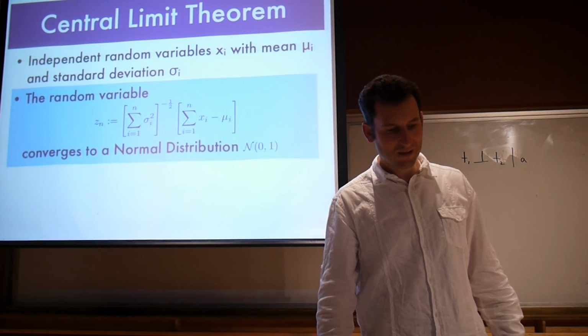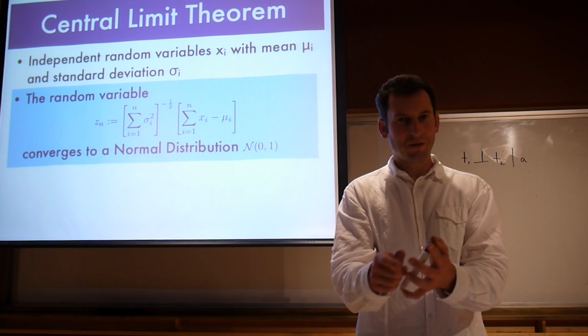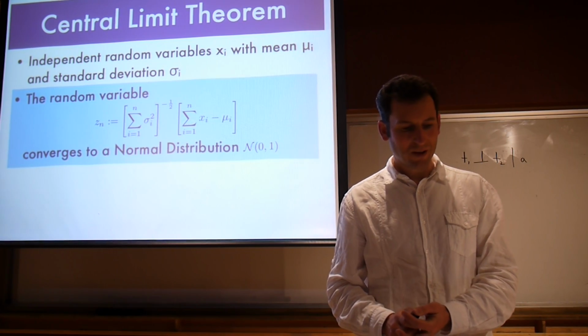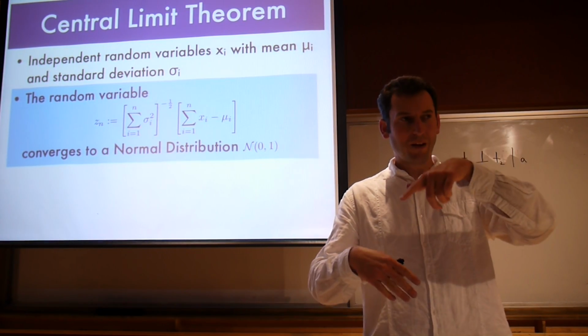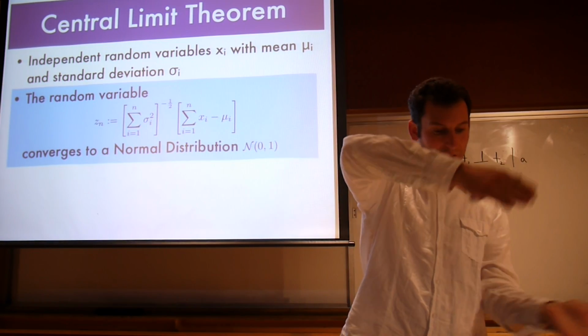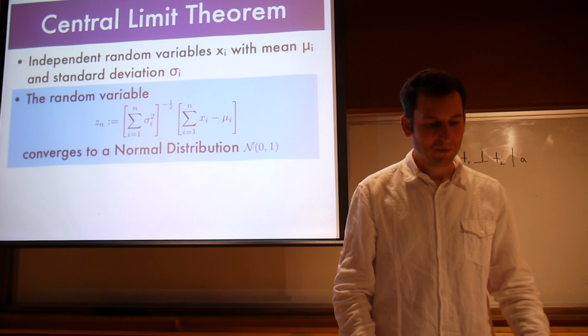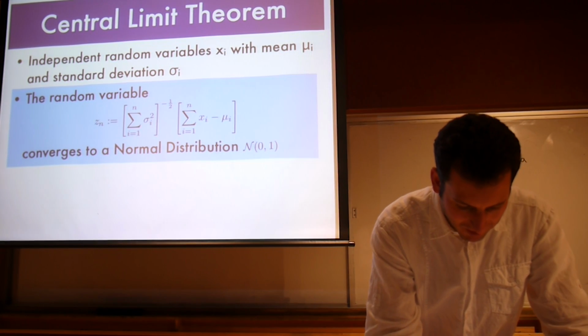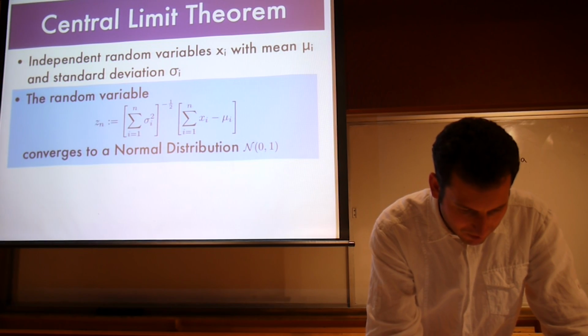So this means this random variable goes to 0 eventually, but it varies around 0, if you factor in the decreasing scale, basically like a normal distribution.